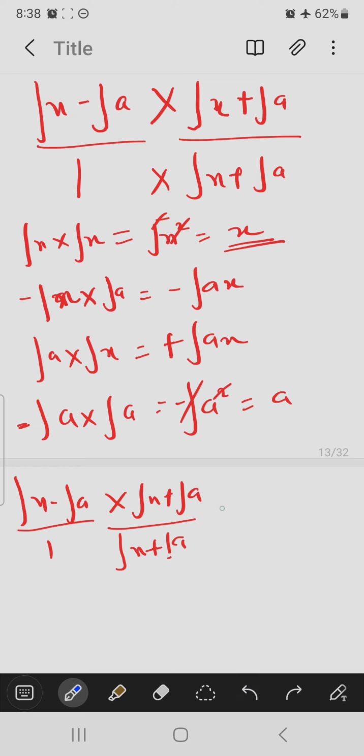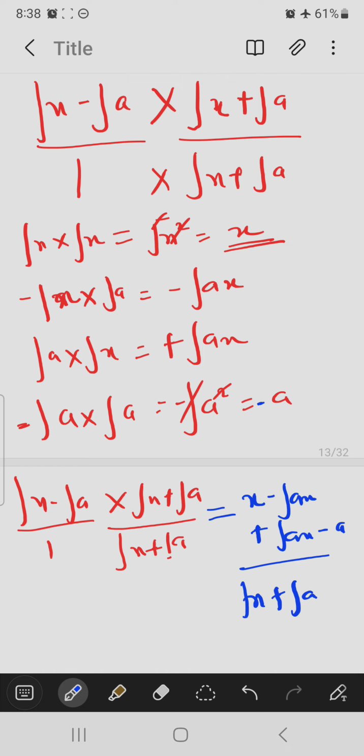So now this one will be equal to x minus root ax plus root ax plus a, no, minus a. So over this one times 1, root x plus root a.